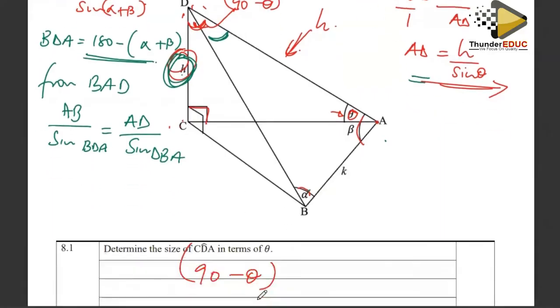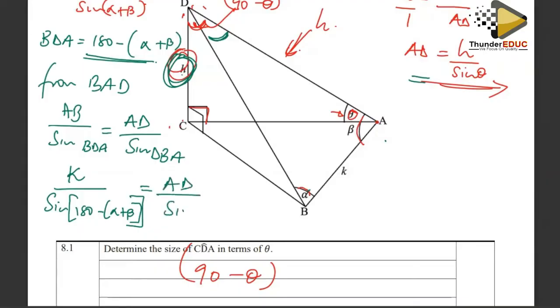Let's do the substitution and see. What's our AB? That's going to be a k over the sine of 180 minus alpha plus beta, okay, is equivalent to the AD over the sine of this alpha.